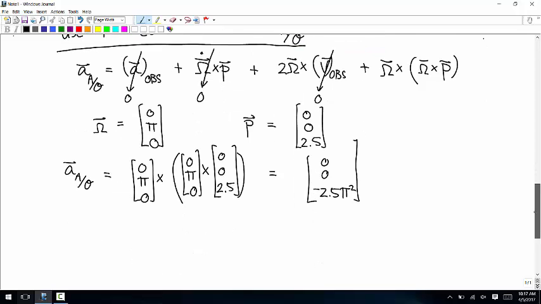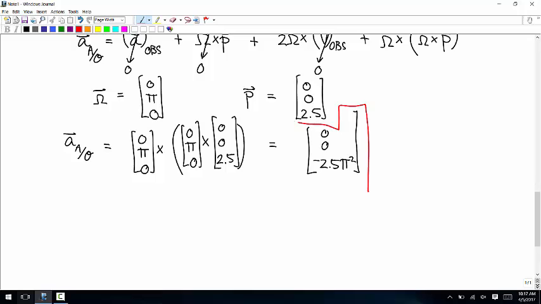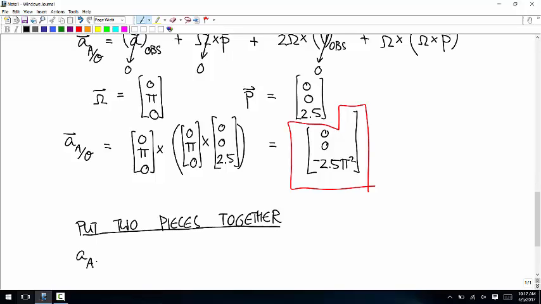And now put it all together with the relative motion. And you get the acceleration of the astronaut relative to the ground is equal to the acceleration of astronaut relative to the origin, 0, 0, negative 2.5 pi squared, plus the acceleration of the origin relative to the ground, which is 0, 0, negative 2.5 pi squared.